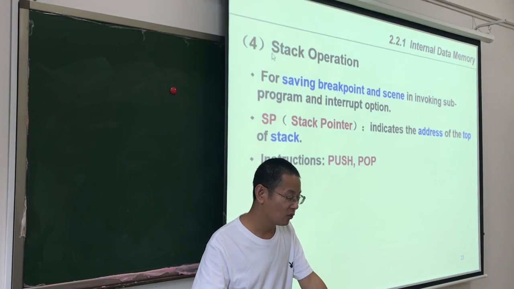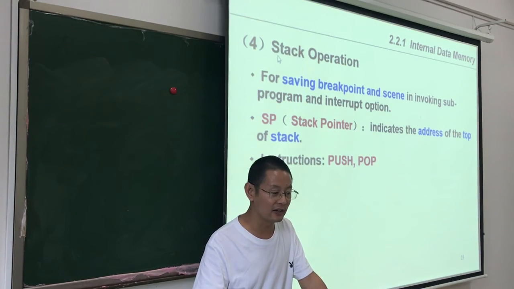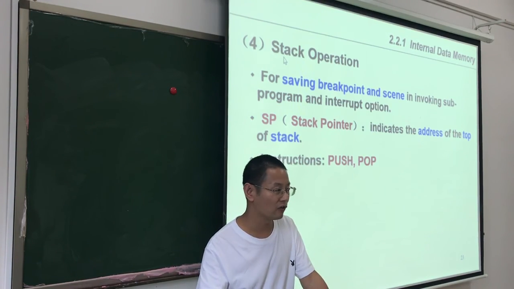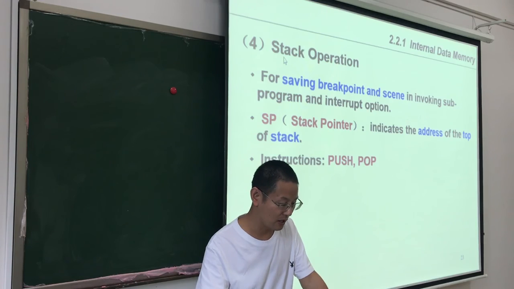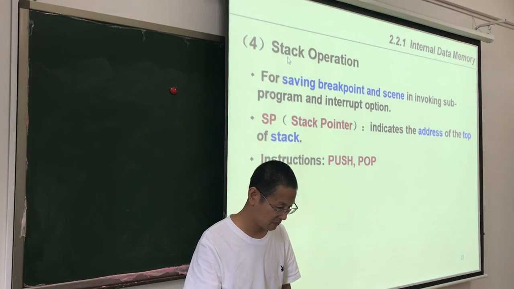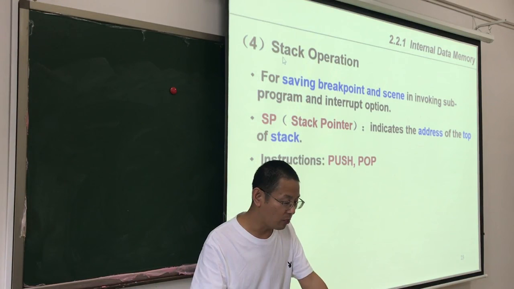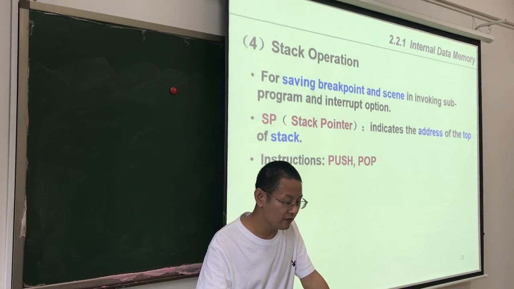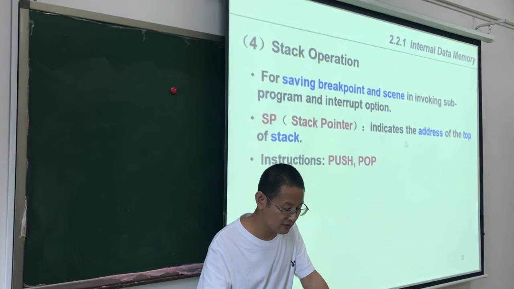This is how we use the stack when we make our program. Stack operation is for saving breakpoints and scene when invoking a subprogram and interrupt operation. SP, the stack pointer, indicates the address of the top of the stack.